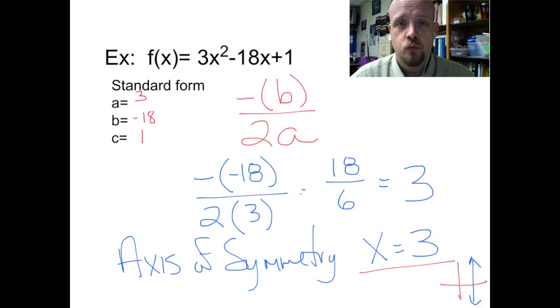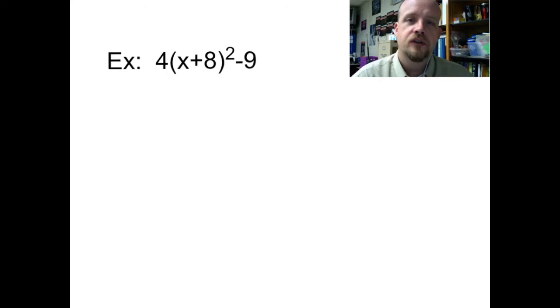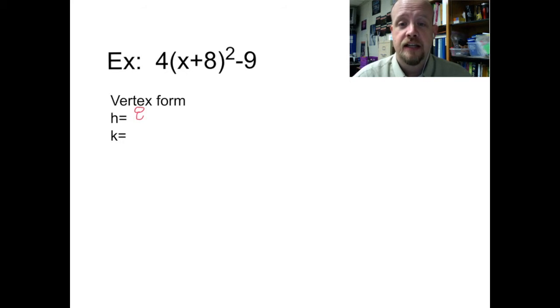Let's look at one quick example in vertex form. Here's our vertex form problem: 4 times x plus 8 squared minus 9. As we said, this is vertex form, so we're looking for h and k. If you remember, our h value is the number in the parentheses, in this case positive 8, and our k will be negative 9.